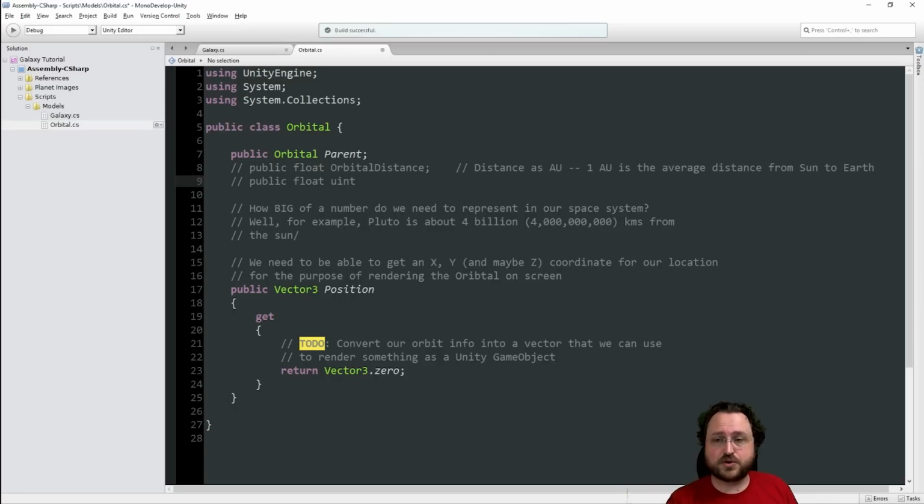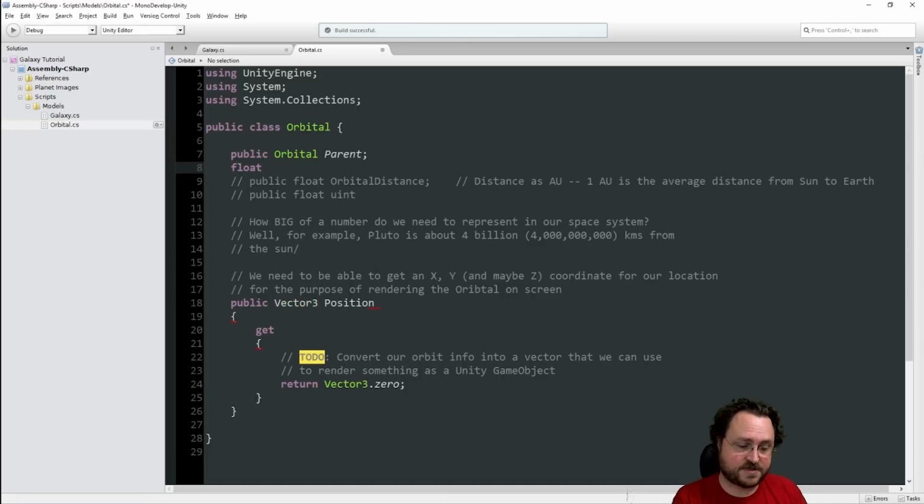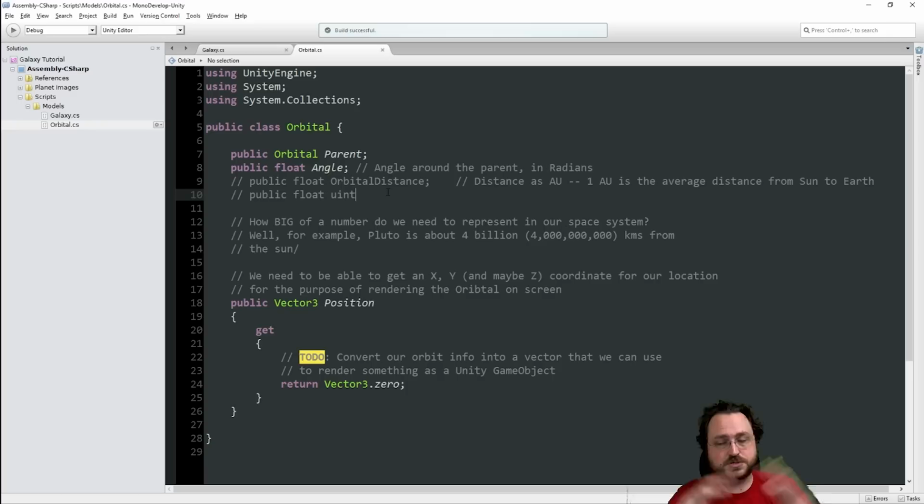We're going to have an angle component as well. You can already think of that. This would be a float. Probably a float. Public float angle. Angle around the parent in radians. It'll make our life easier if it's in radians. So you'll have that, and you combine these two for that. You could have an unsigned integer, so it's a positive number of orbital distance, again.